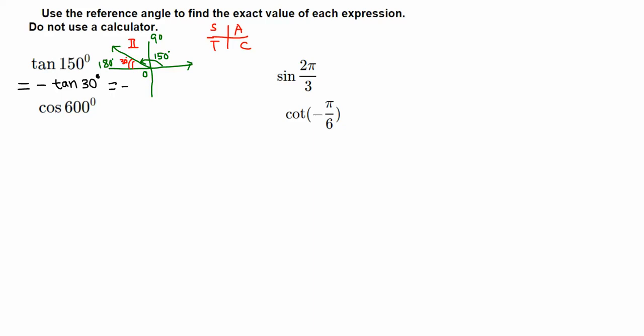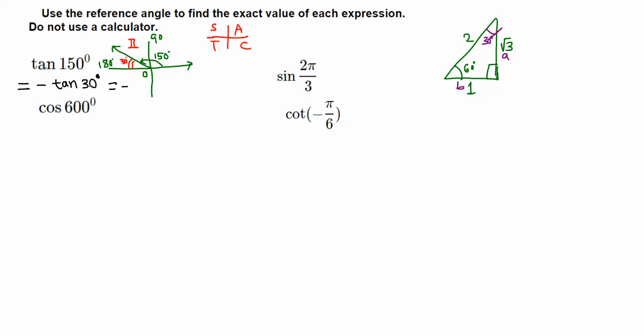For tangent 30, let's draw a triangle. We know it for 60 degrees and we know it for 45. From 60 we can compute for 30 degrees as well. When we have 60 degrees, then we know the sides go by 1, root 3, 2, and that leaves this 30 degrees. Adjacent to 30 is this, and opposite to 30 is this.